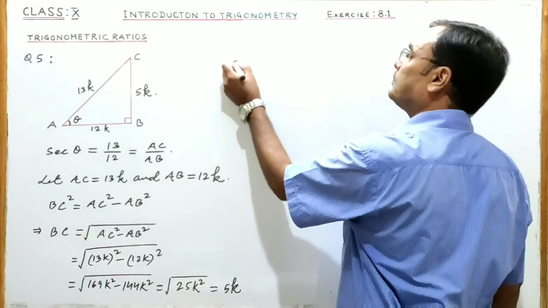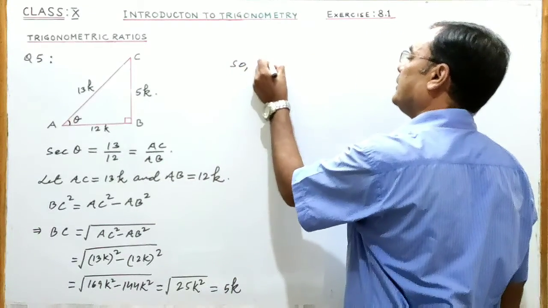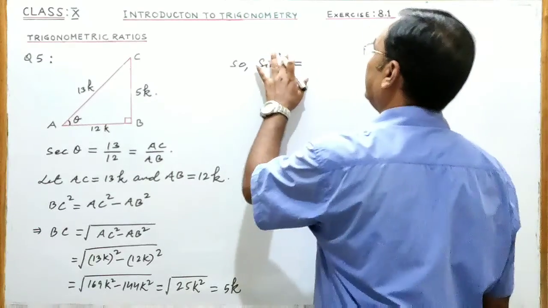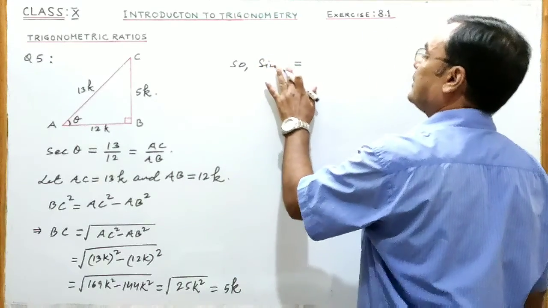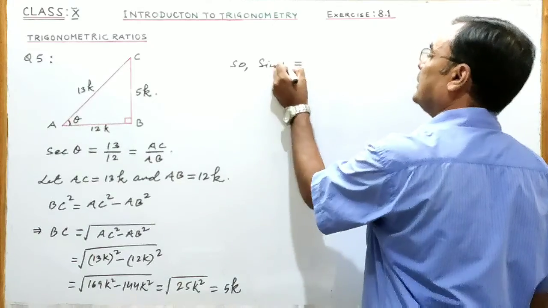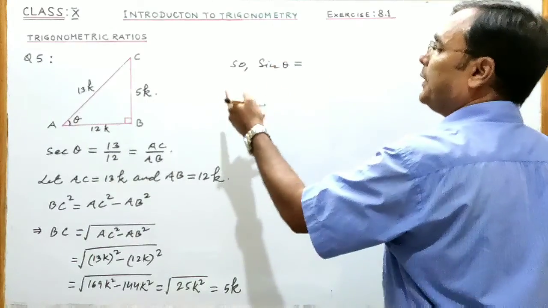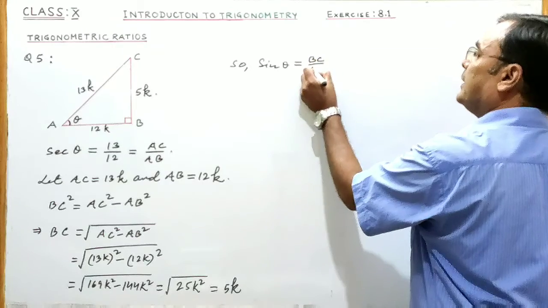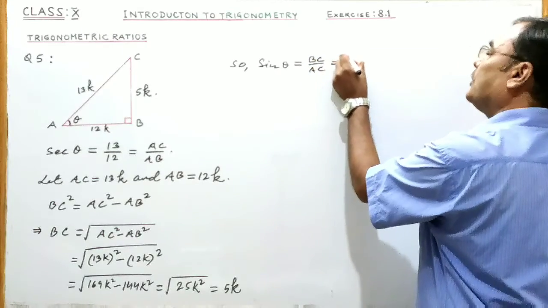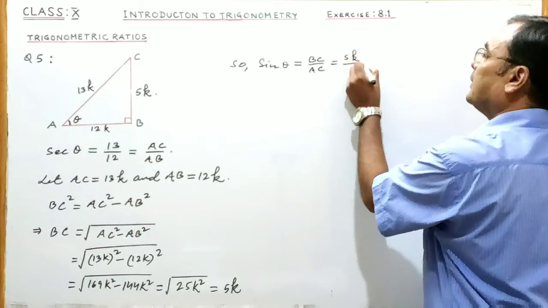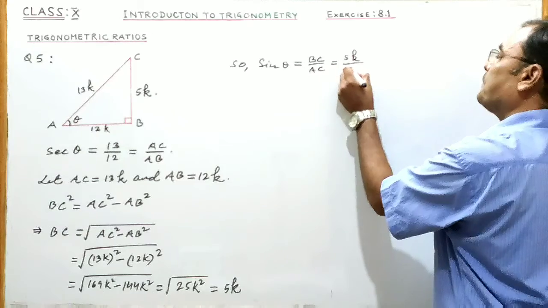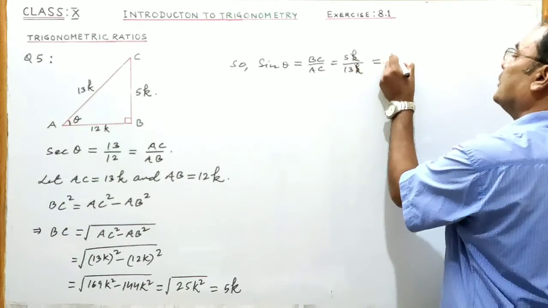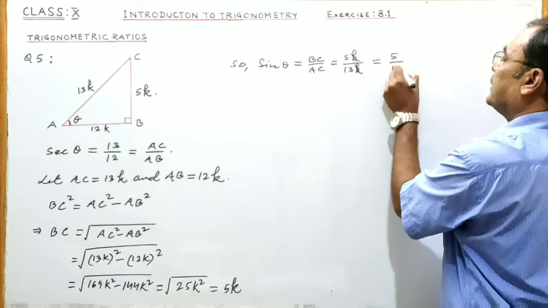So sine of angle A, or we can write sine theta is equal to perpendicular by hypotenuse, BC by AC equal to 5K divided by 13K. K cancel, so 5 by 13.